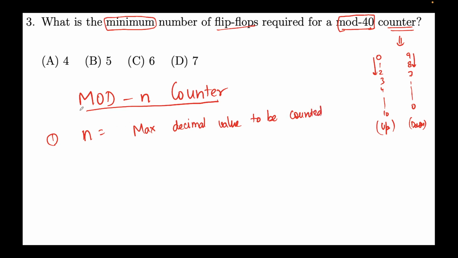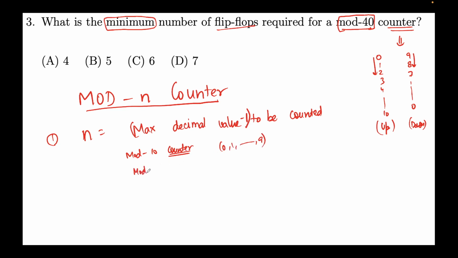Okay, what does mod denote? Let's first understand the term n. For instance, if I have a mod 10 counter, this is maximum decimal value minus 1. A mod 10 counter will count from 0, 1, 2 to 9.